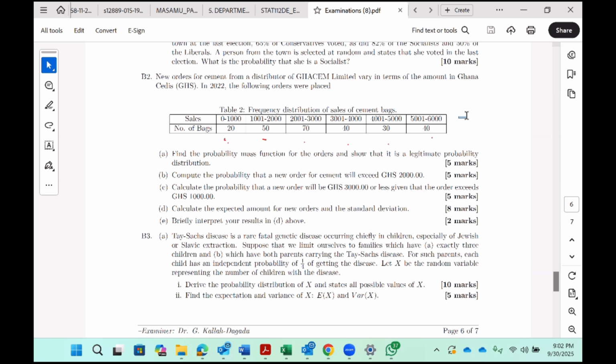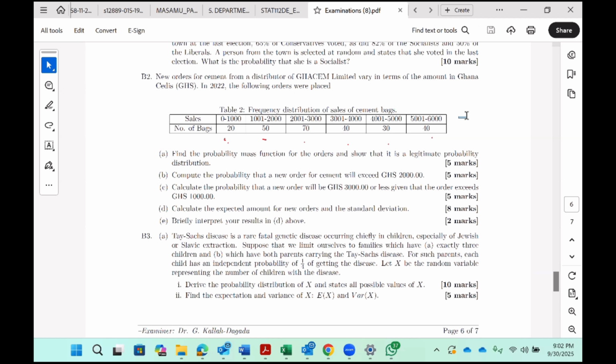So the midpoints will give you your values, and your probabilities will be the relative frequencies, found by dividing each number of bags by the total bags. Then when you finish, you sum all that. If it is equal to 1, then we show that it is a legitimate probability mass distribution. So that is B for A.